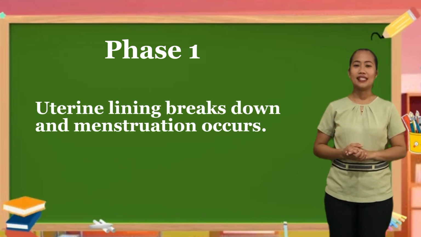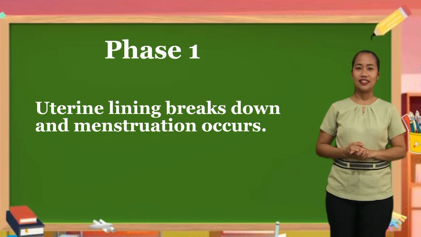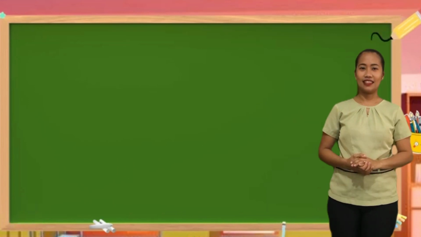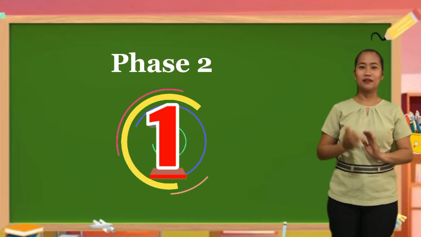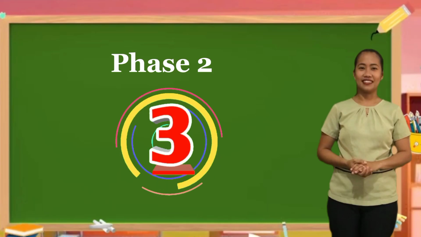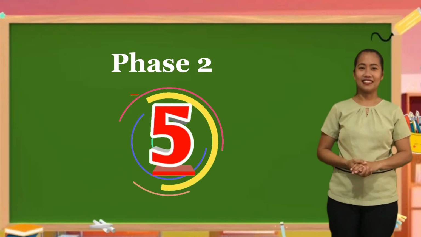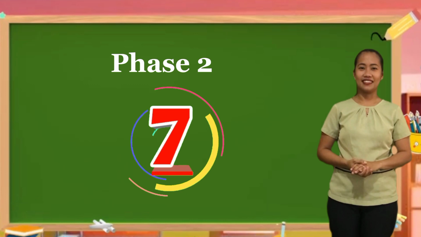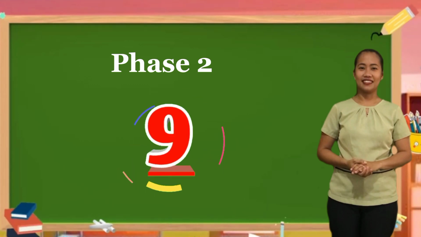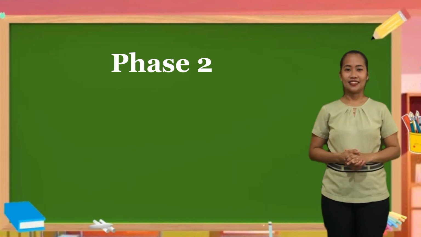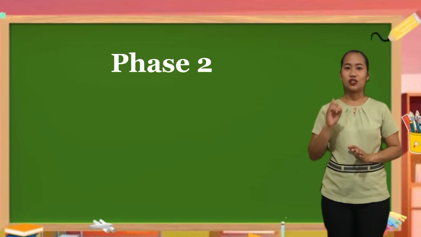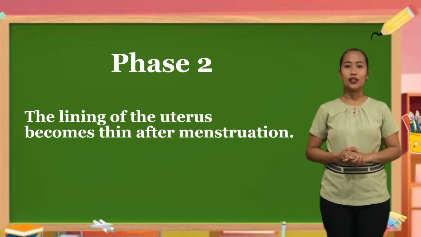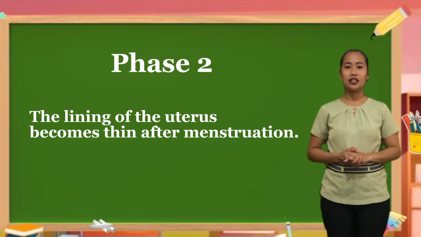Uterine lining breaks down and menstruation occurs. Phase 2. That's right! The lining of the uterus becomes thin after menstruation.